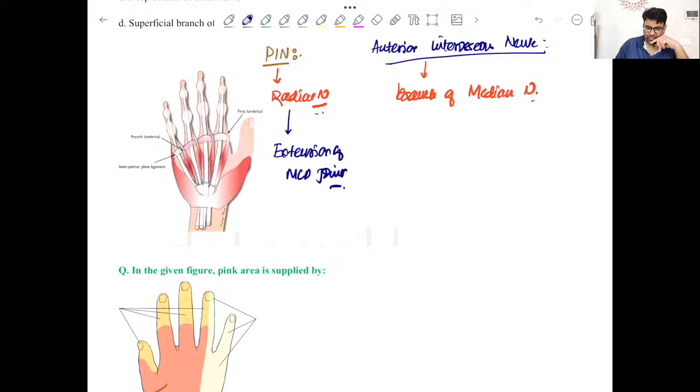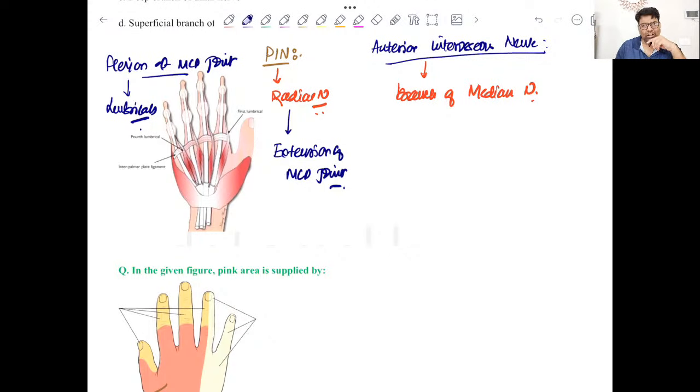And here we discussed that flexion at MCP joint is caused by lumbricals, right? So one thing is clear: flexion MCP, lumbrical; extension MCP, posterior interosseous nerve.